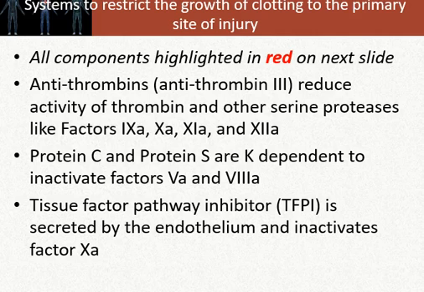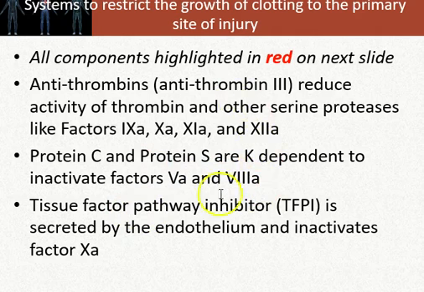And so there's lots of different outcomes to this coagulation cascade, and a few of them are highlighted in red on the next slide. We've got antithrombins, okay, which actually reduce the activity of thrombin and some other factors. We've got proteins C and S, which are also your vitamin K dependent factors that inactivate several other coagulation factors, and your tissue factor pathway inhibitor, TFPI.